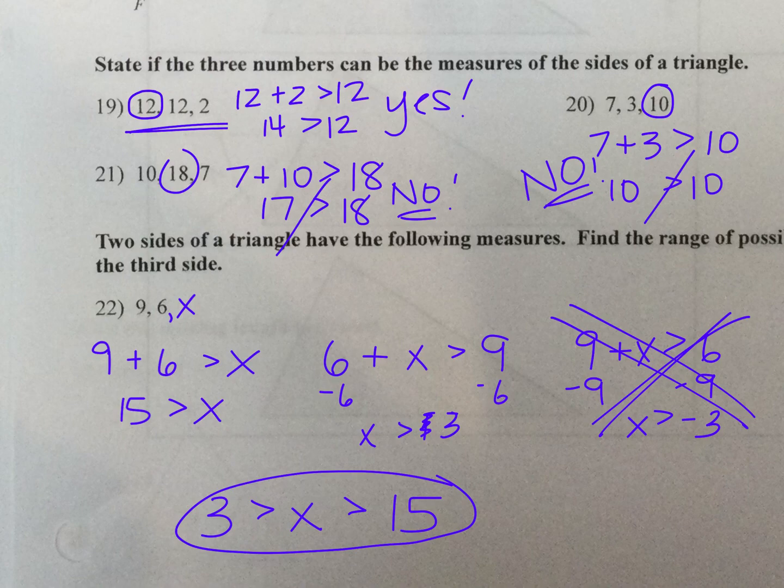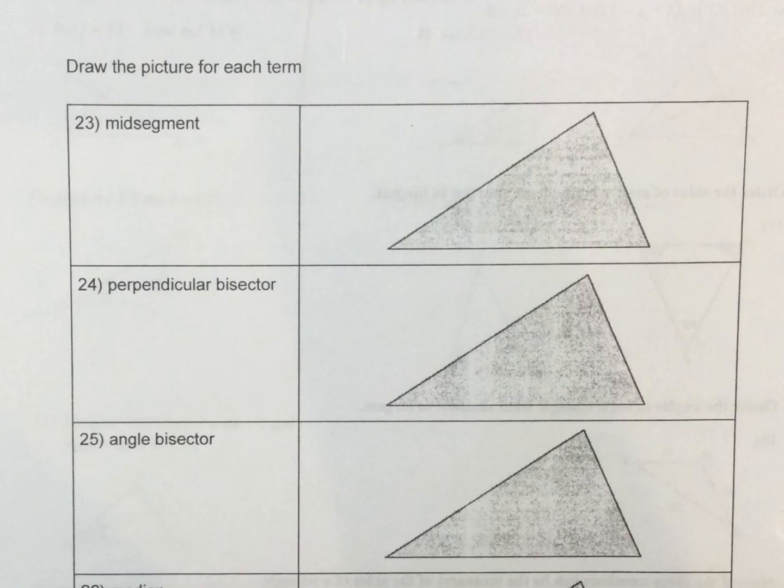Flip over to the last page. On this page, we're just going to draw what it describes for us. So, a mid-segment means that I find the middle piece on this side and the middle piece on this side. I draw a line. That means that that piece and those pieces are the same.